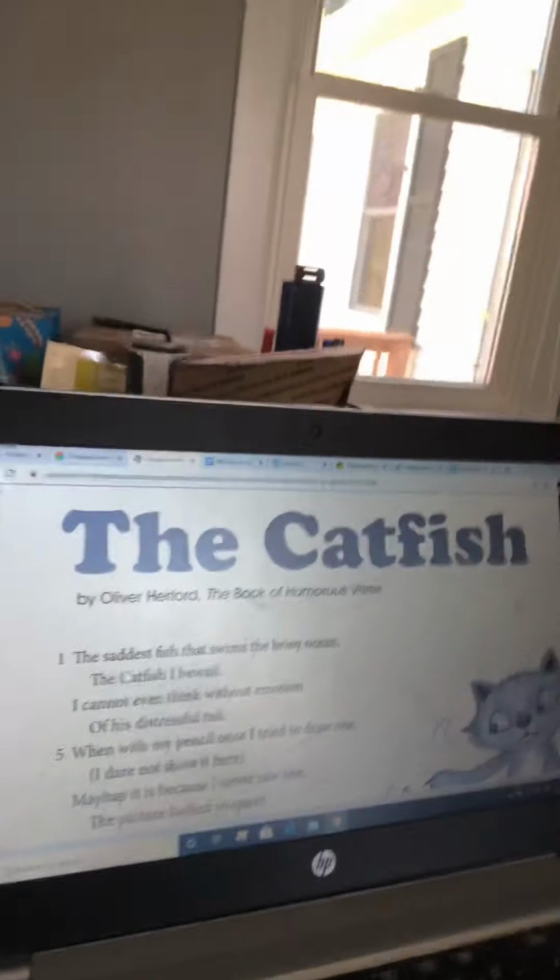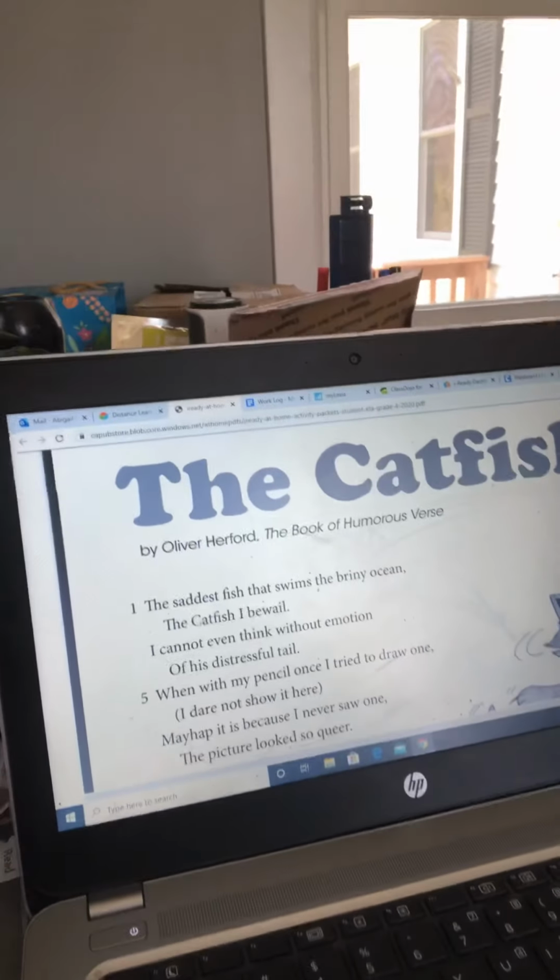Hi, fourth grade. We are on page 37, The Catfish. This is a poem by Oliver Herford from the book of humorous verse.